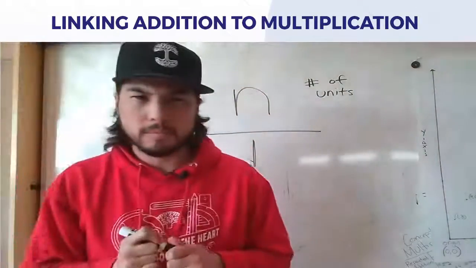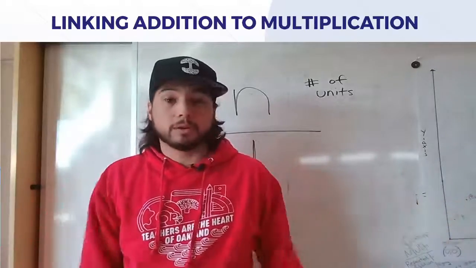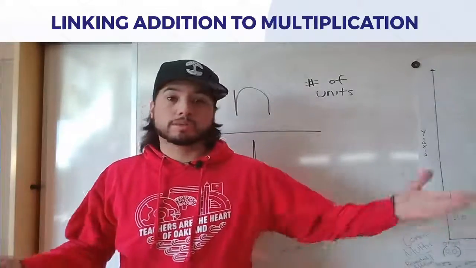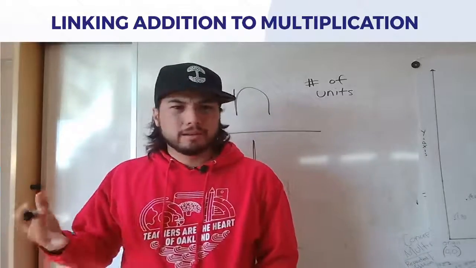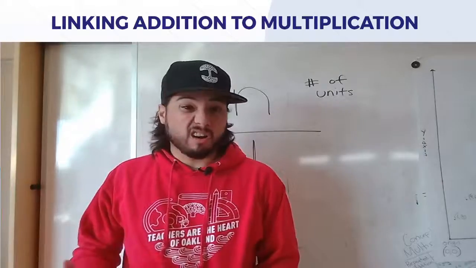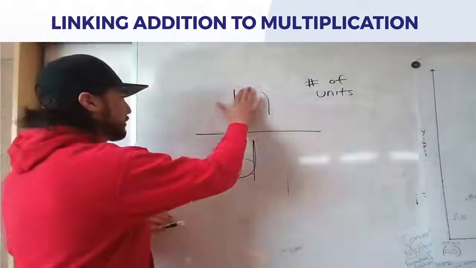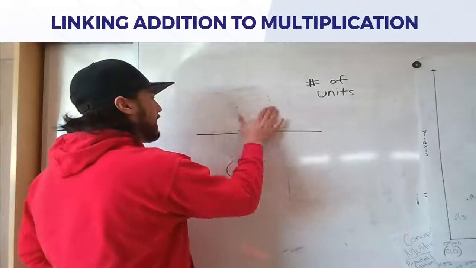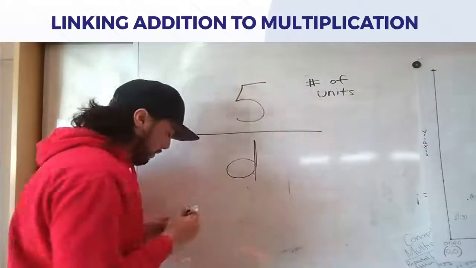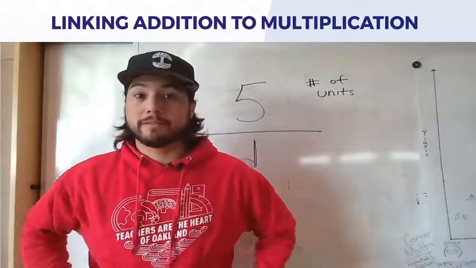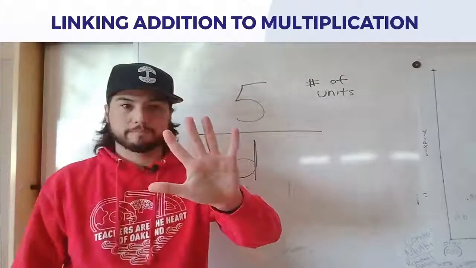With whole numbers, there's only one thing there, so we don't really think about it in terms of the number of units, but whole numbers really are numerators, okay? If you have a number like 5, for instance, when we talk about the number 5, we're talking about really 5 things, or 5 units, right? 5 fingers, 1, 2, 3, 4, 5, okay?